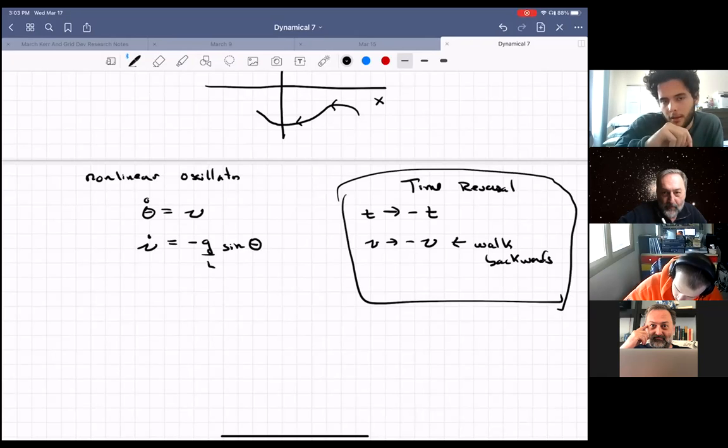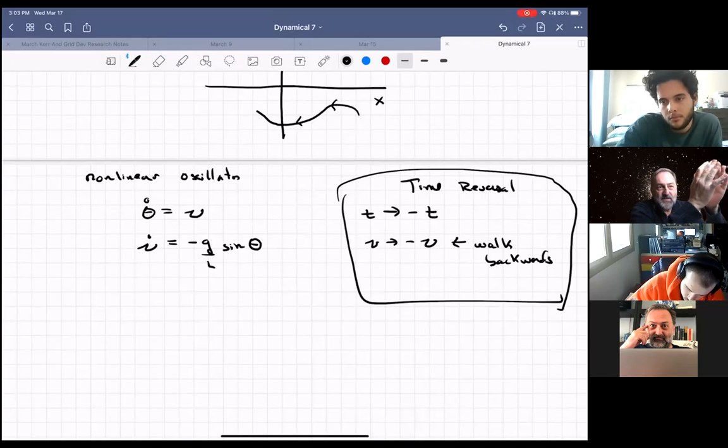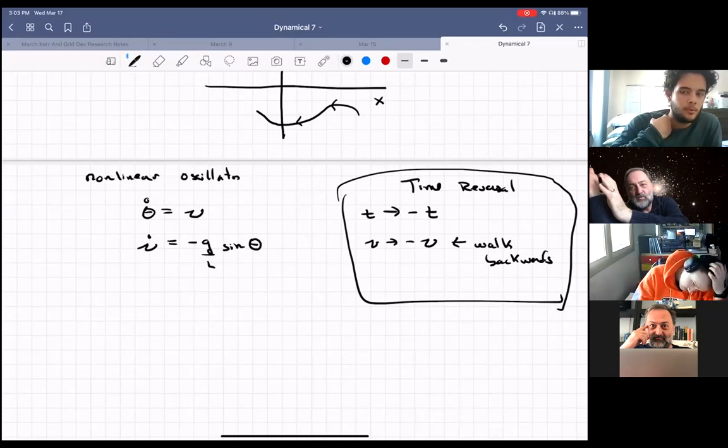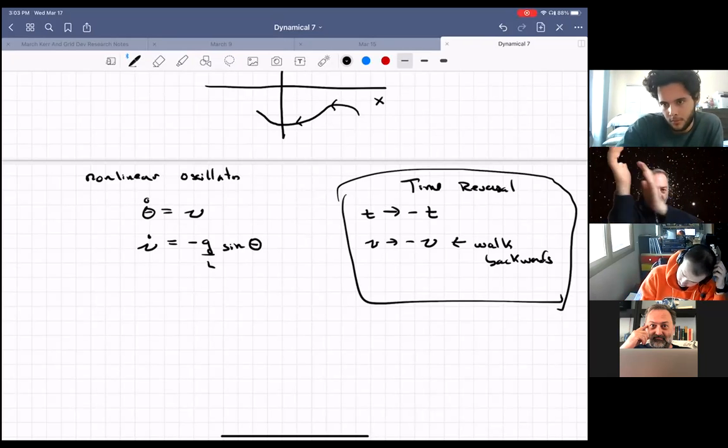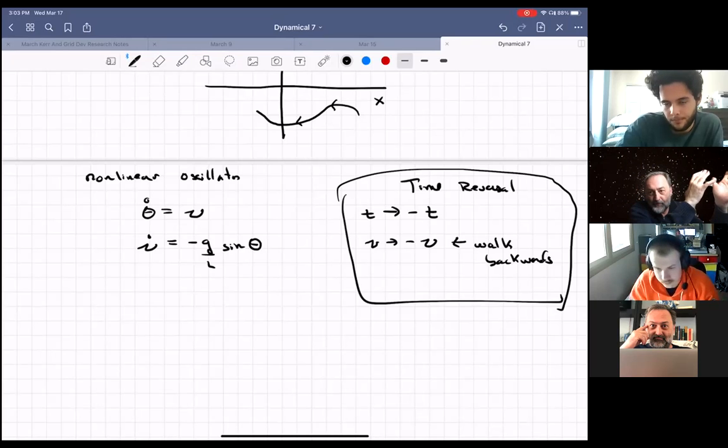You can look at your dynamical variables and see what happens to them. When you reverse the time, you reverse the velocity direction, because the velocity is d position dt. Position is a spot, but a velocity is how you're moving relative to the spots. So if you reverse the time, a movie that showed the object moving to the right, when run backwards, looks like it's moving to the left. So for time reversal symmetry, you send t to negative t and nu to negative nu.